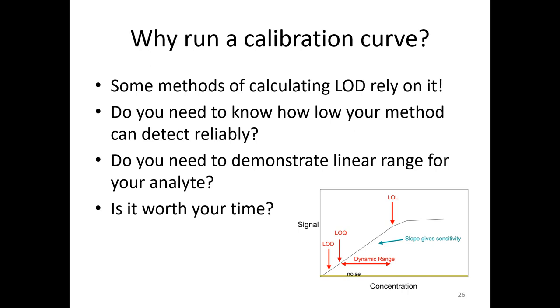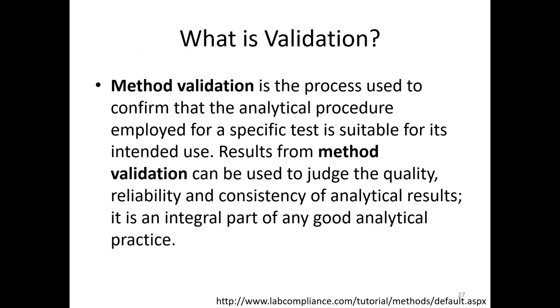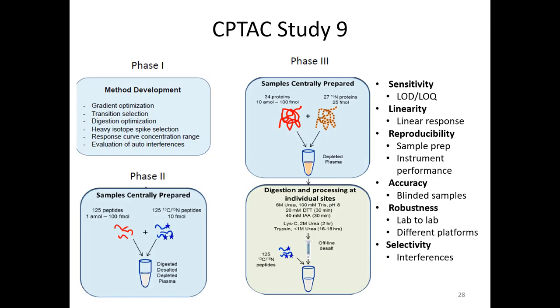So defining the linear range, the point at which it really does have a straight line response, is important because that's when you know that a change in your response is correlated with a change in concentration. Okay, Lindsay will be getting into method validation later, so I'm going to skip this right now.